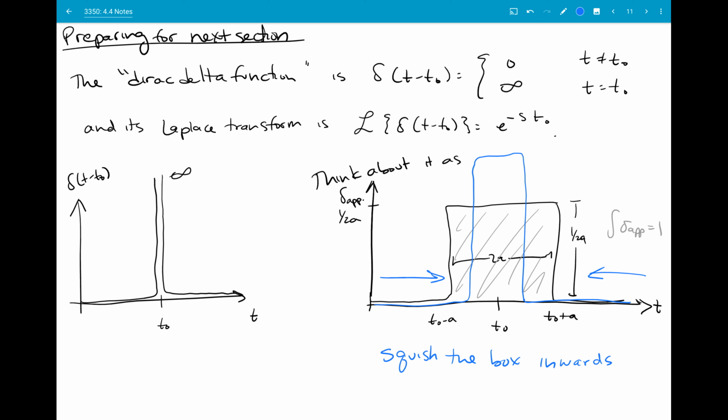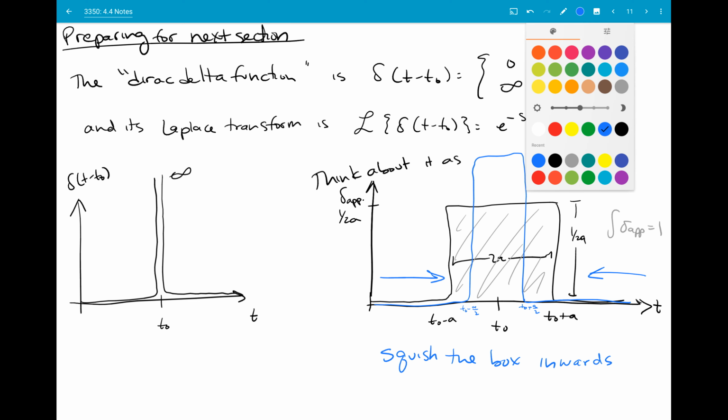Think of it like a bendy cup, and you've squeezed it, and now the liquid goes up and could even overflow from the cup. If I want it to hold the same liquid, if I want it to have the same area under the curve, if the integral stays the same, that means that now my curve is taller. This is t0 minus or plus a over 2, so now its height is 1 over a, for it to be taller instead of 1 over 2a.